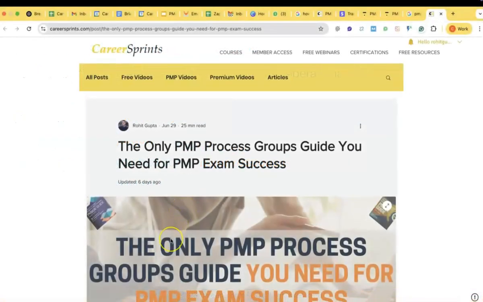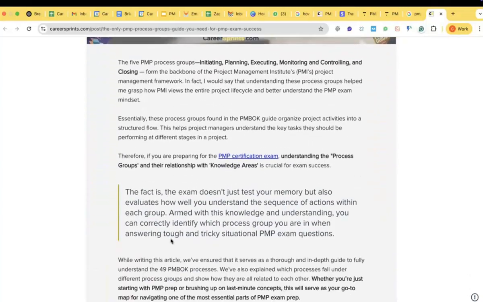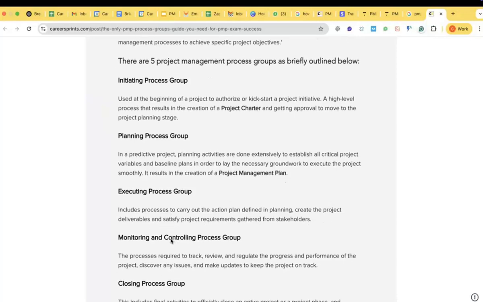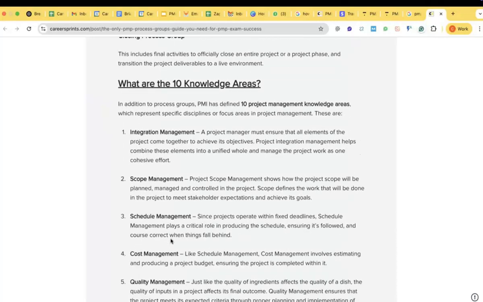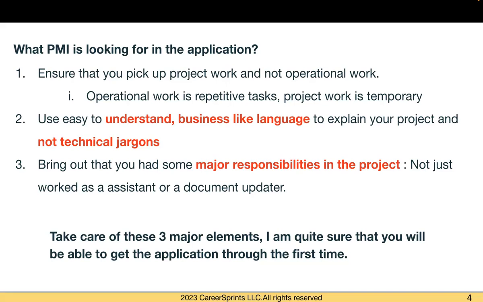What you can do is go to the process groups and read through them to see what is done in each process group, and bring out something from each of them. To summarize, if you take care of these three major elements, I am pretty sure that you will be able to get the application through the first time without any hassle at all.